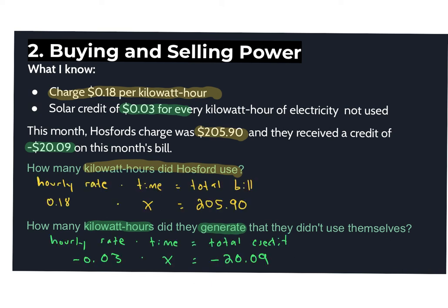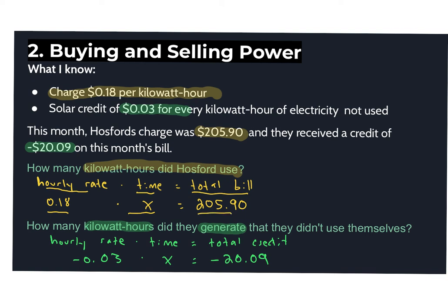All right, here's my setup. I'm coming up with this formula where we have our hourly rate multiplied by how much time we are using will equal our total bill. And so for the sake of our kilowatt hours, we would say that's 18 cents times however many kilowatt hours we use is, in this case, going to equal 205.90.